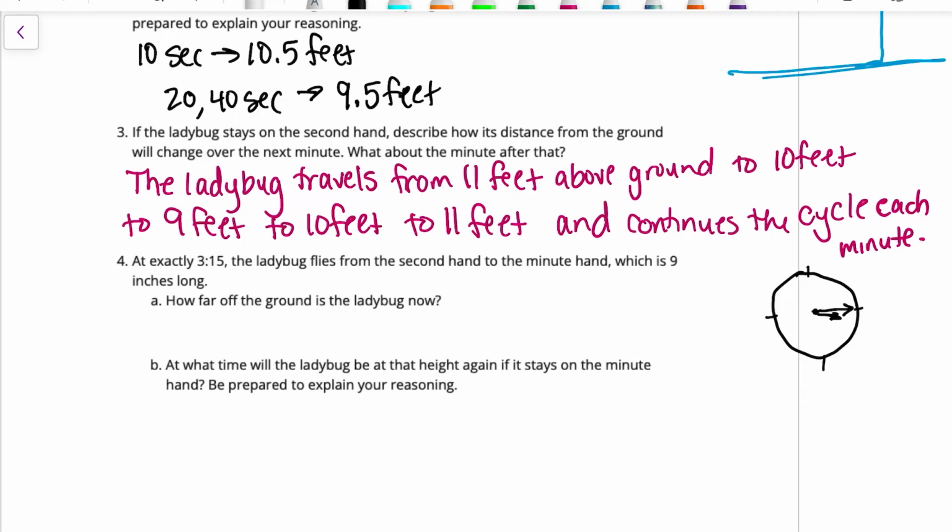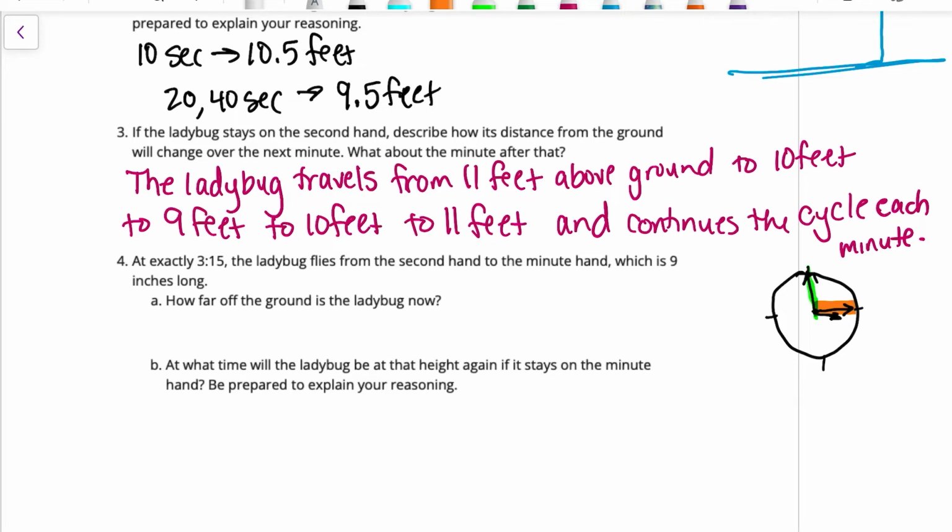Okay, so it flies. Oh, we're not looking at the hour hand. We're looking at the minute hand, the second hand to the minute hand. So the second hand would be up here because it's exactly 3:15. This one is the second hand, and this one is the minute hand. It flies from the second to the minute.